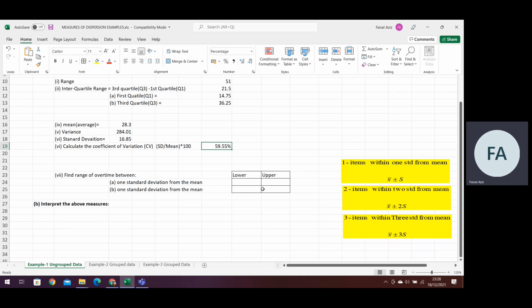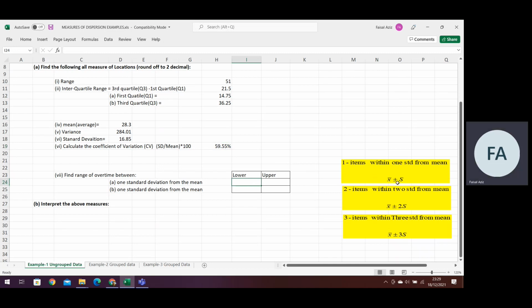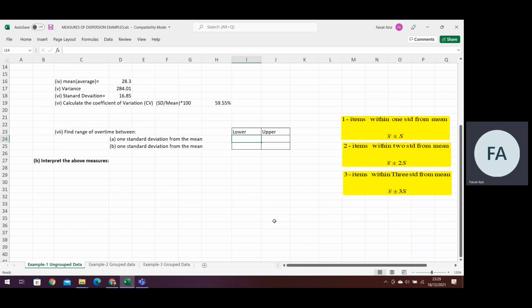So we need to see how many observations are lying between one standard deviation, two standard deviations, and three standard deviations. So the formula mentioned is mean plus standard deviation, meaning one standard deviation, and for the lower limit, the first time we will have to add one standard deviation to the mean, and the second time we will have to subtract one standard deviation from the mean, and so on and so forth.